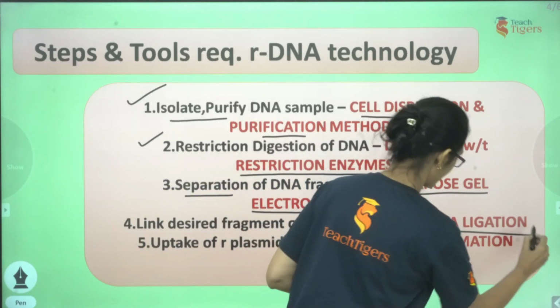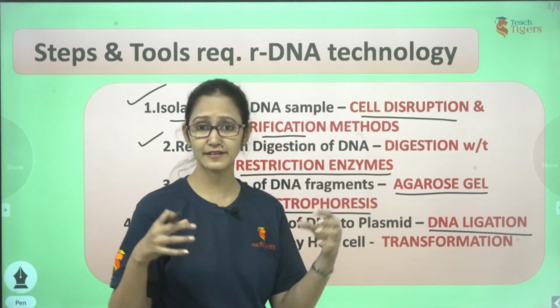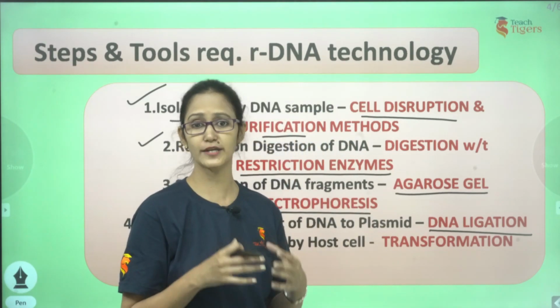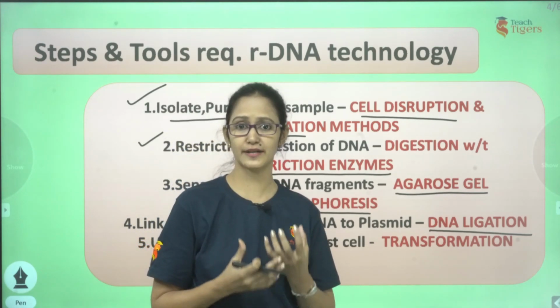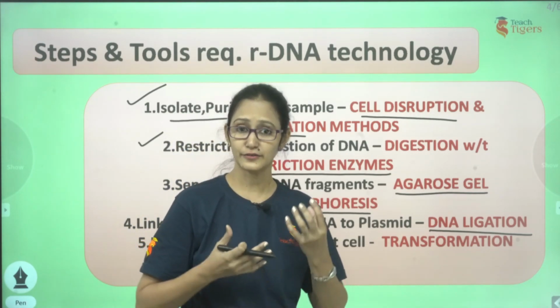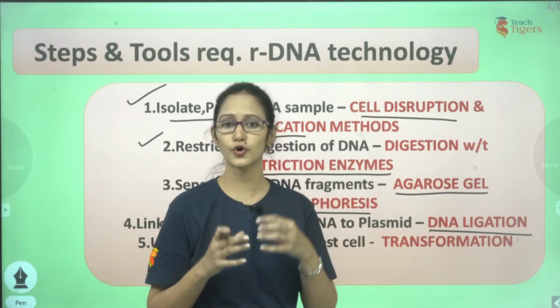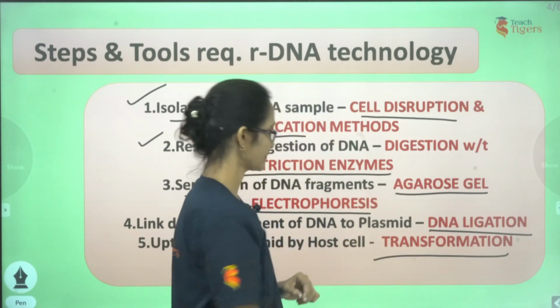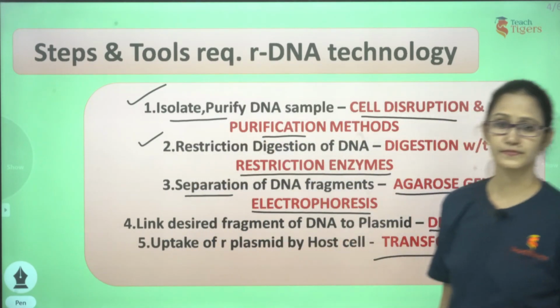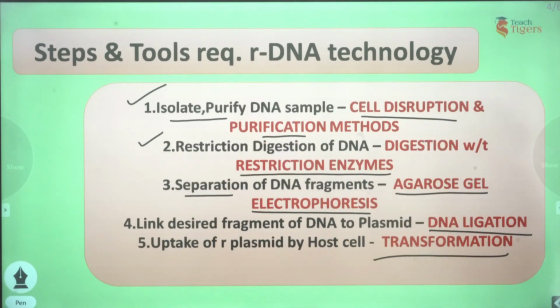Now DNA ligase, because it is capable of joining two DNA fragments, is otherwise called a molecular glue. Now we have the recombinant DNA molecule in our hand, the designer DNA. Now this designer DNA should be inserted into the host cell in a process called transformation. Right? These are the steps you can go through.